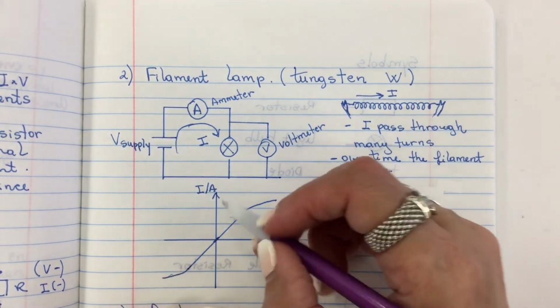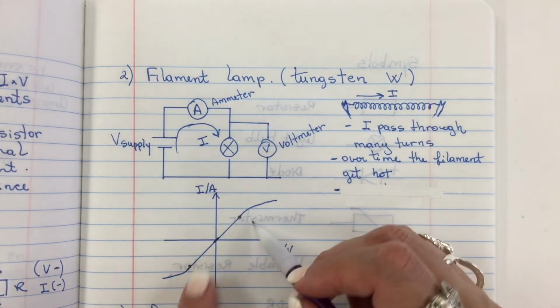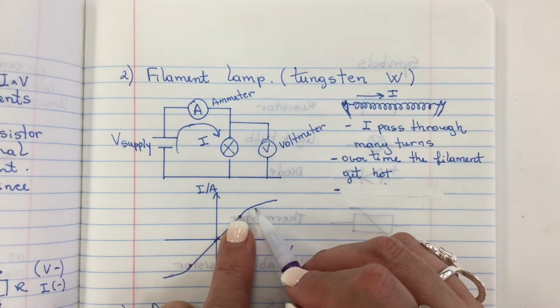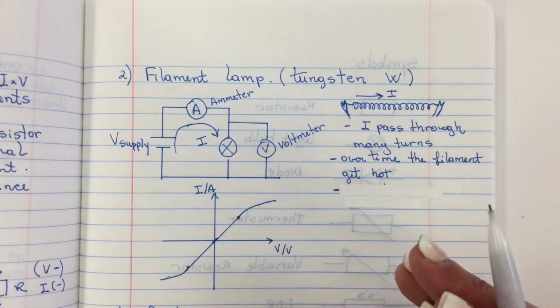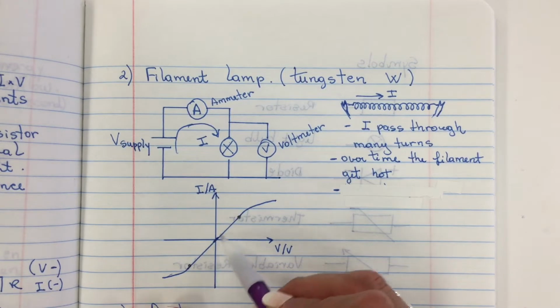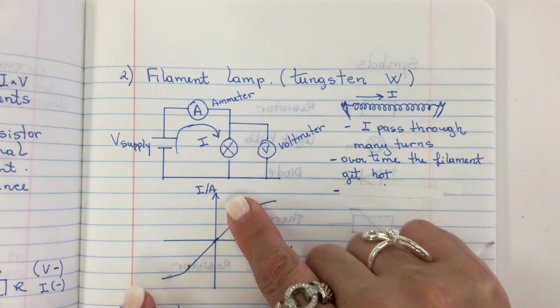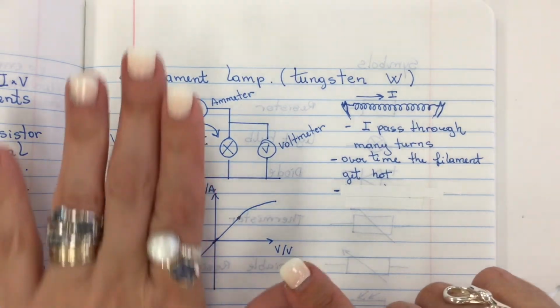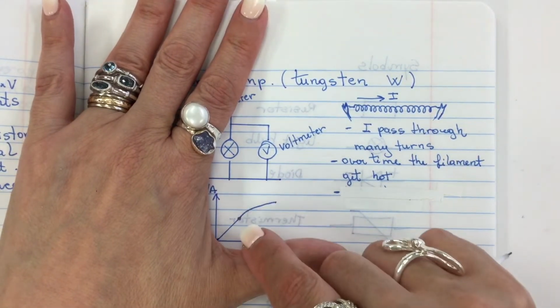So up to here it obeys Ohm's law on both sides, but then it will not; the current and voltage are not going to change at the same proportion. So then we have a curve like this on this quadrant and this quadrant. But sometimes on your exam, they just ask for this quadrant right here.